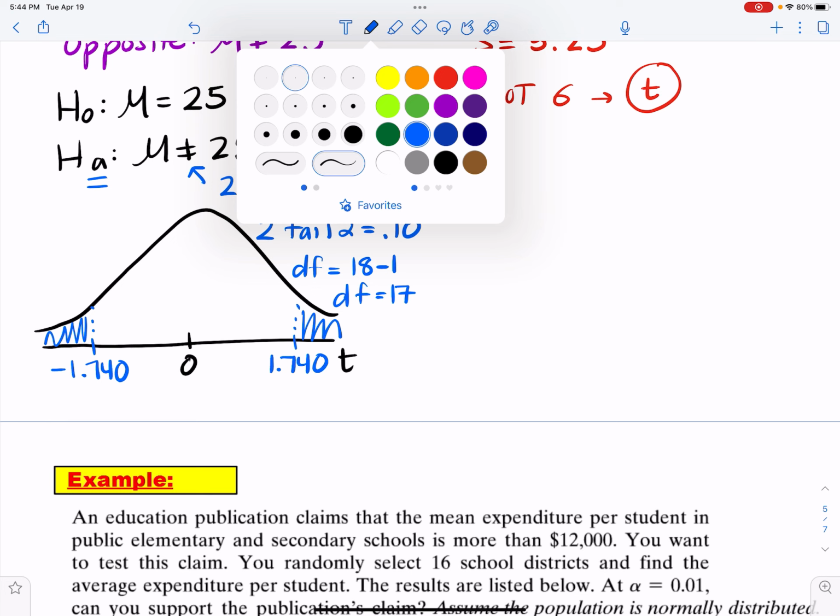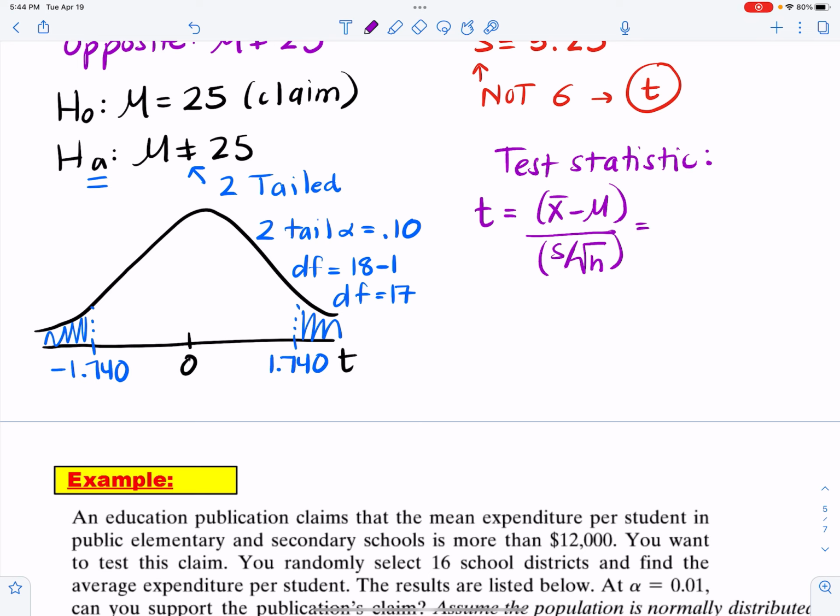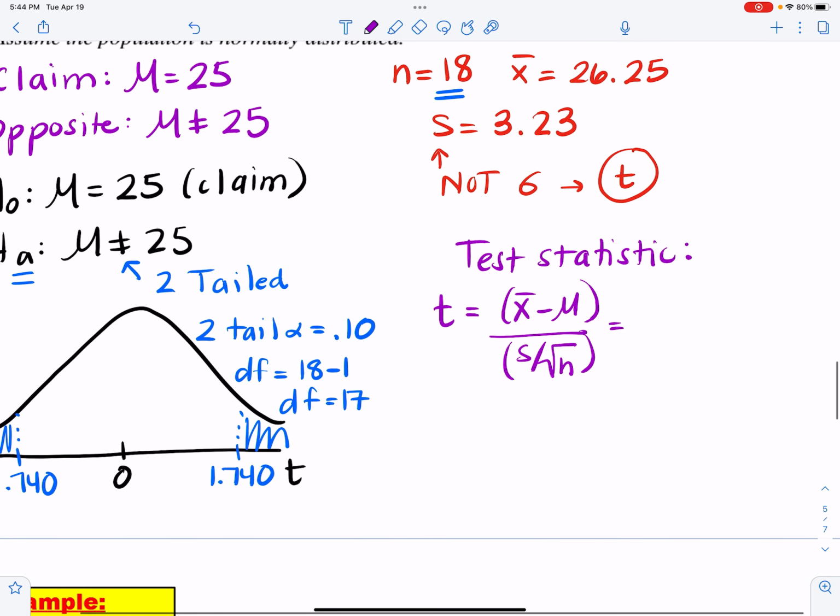All right, the next thing I need to do is calculate my standardized test statistic, just like I did for Z. Now, I'm going to label this as a value of T because this is a t-test, but the way it is calculated is exactly the same way that you did for Z. So you start with your sample mean, 26.25.